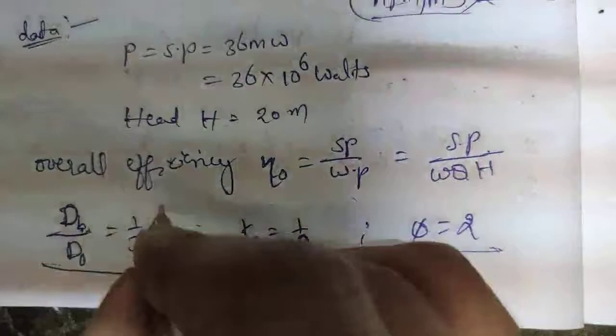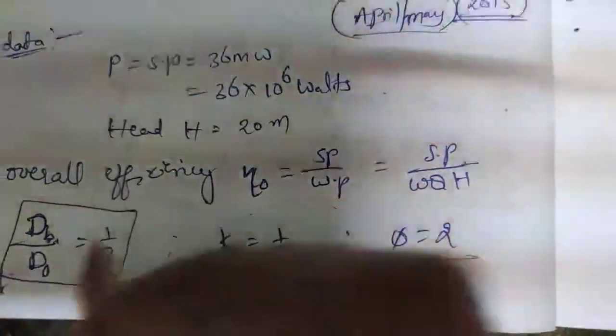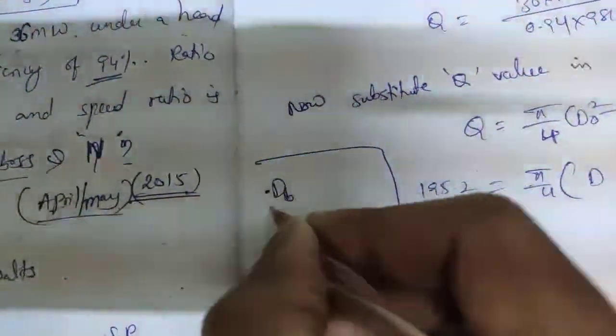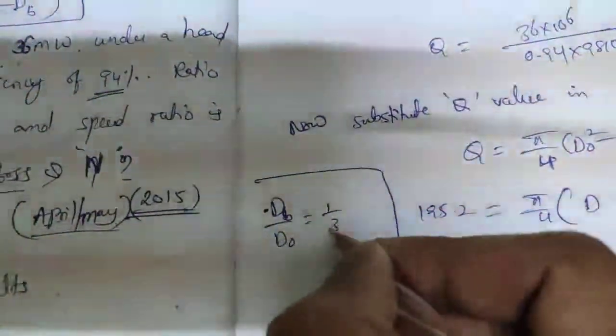In the given data they give one clue, the relation dB by d naught equal to 1 by 3.